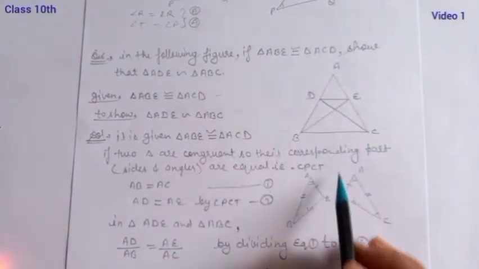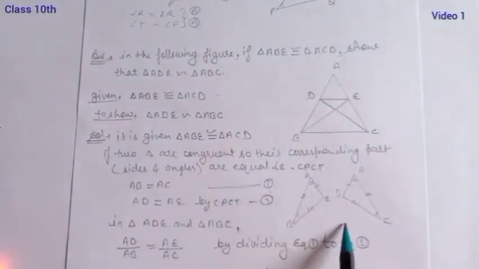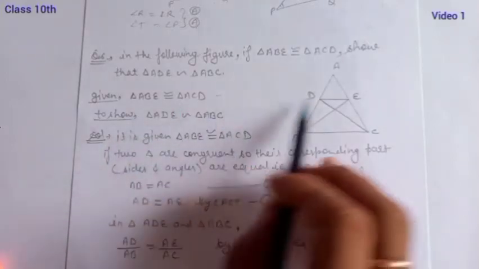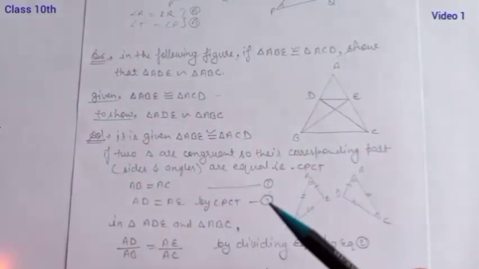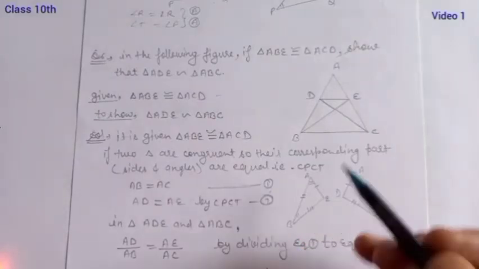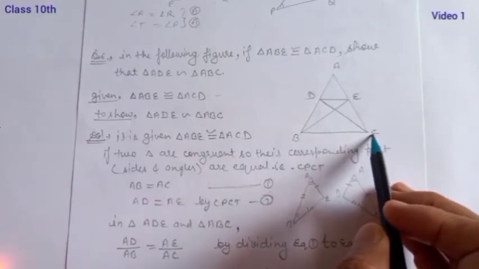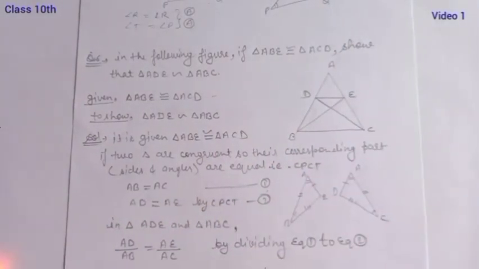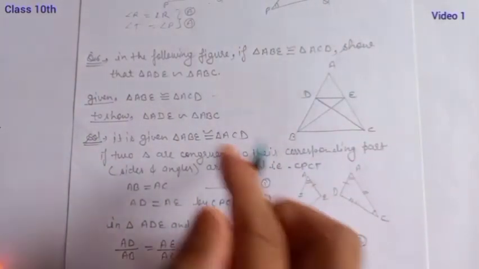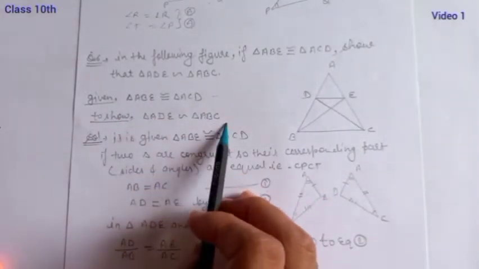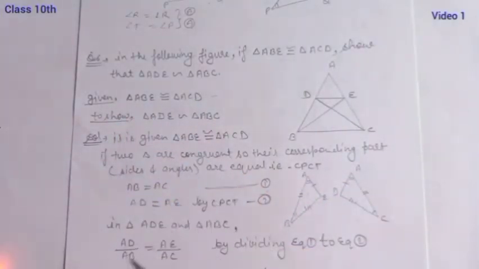The same copies of these triangles, which are congruent, are drawn here. So we have to prove here that triangle ADE and triangle ABC are both similar. Let's do it, student. First we will write what is given, then what we have to prove.